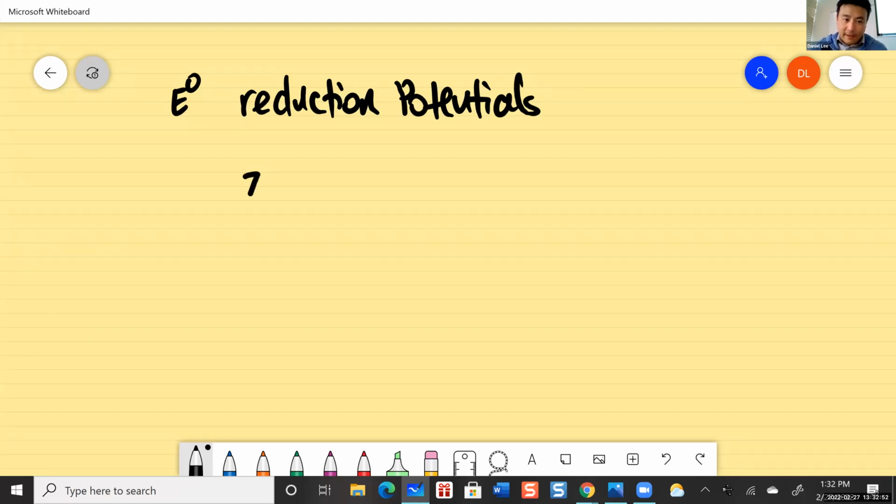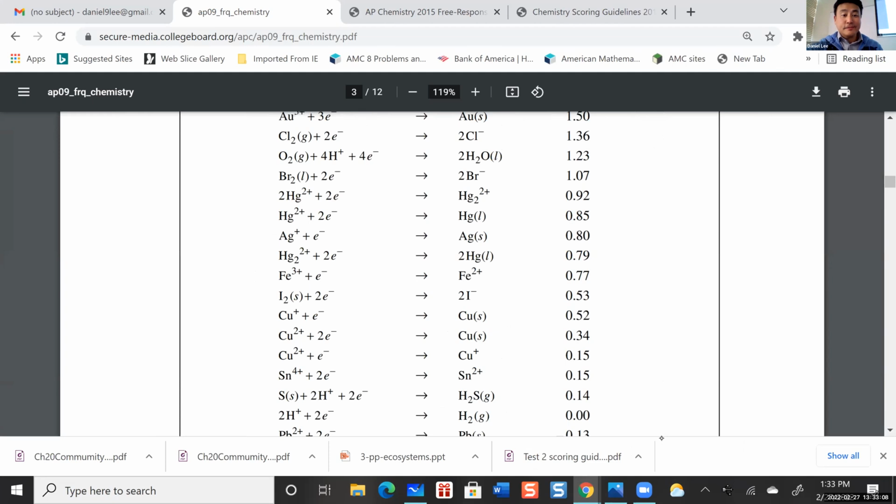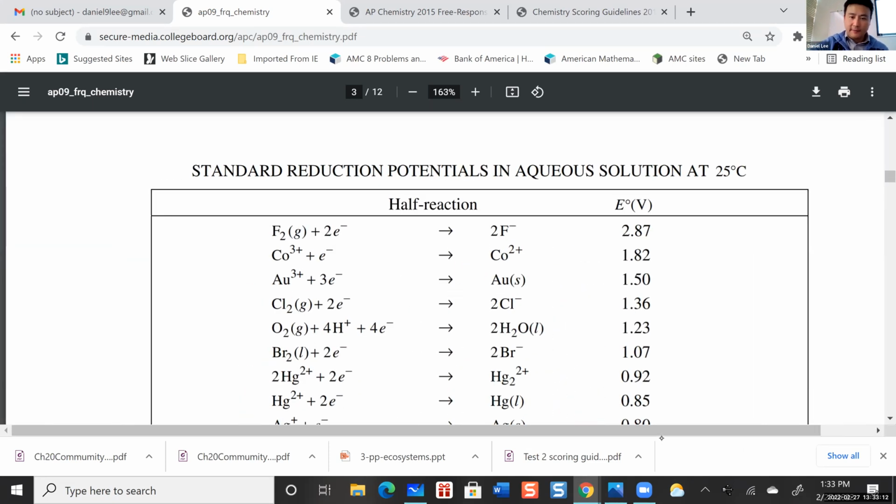I think we're going to use the same example as we did last week. We looked for the oxidation of zinc. On the test, you will be given the reduction potentials, the ones that they want. Remember, this is the old AP, so we don't have this chart any longer.